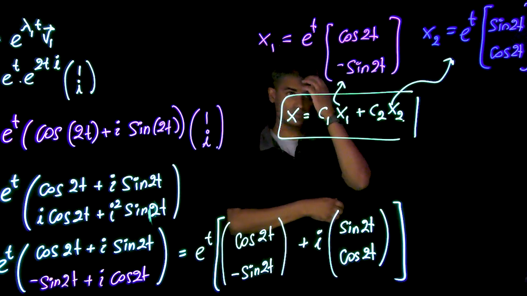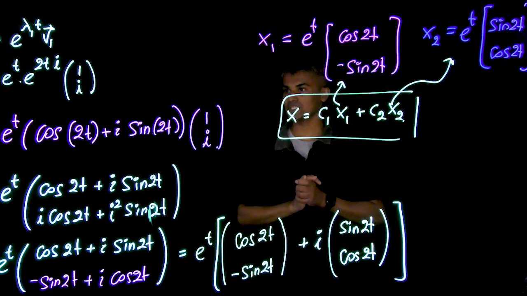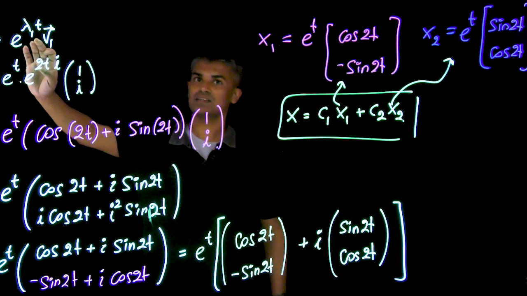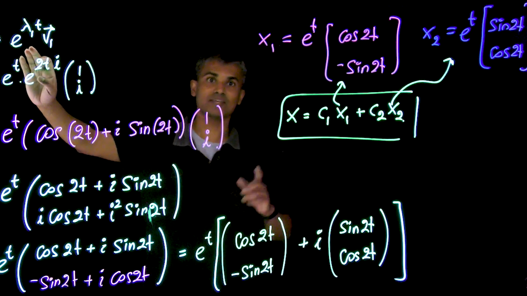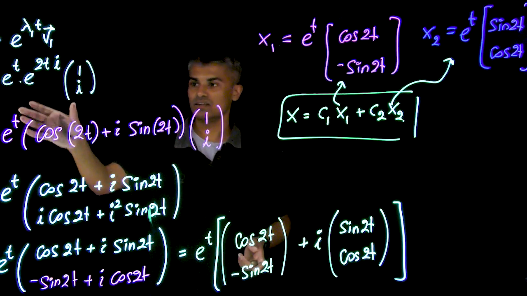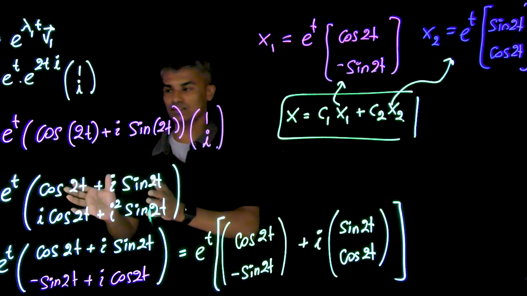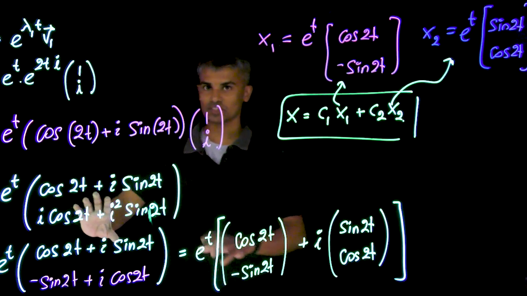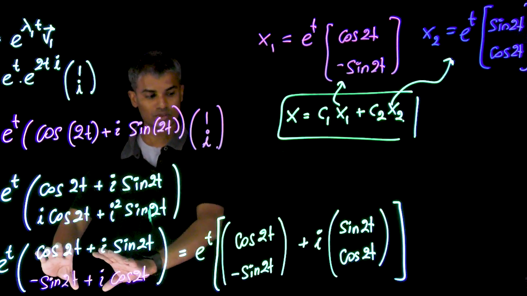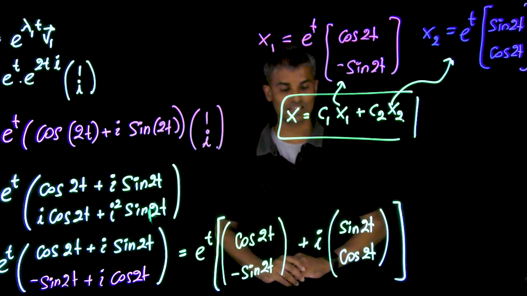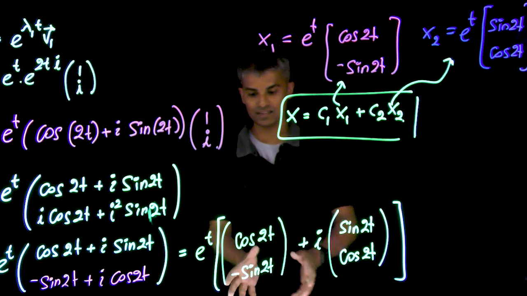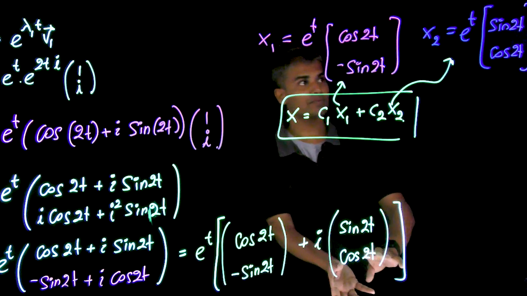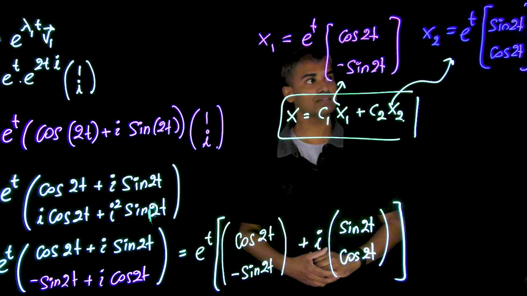Okay. Now what is the key step? The key step is here. Once we figure out one eigenvalue and the corresponding eigenvector, we want to write down this corresponding solution, and then we want to separate the real part of that solution and the imaginary part of that solution. Once we do that, the real part will give you one solution and the imaginary part will give you another solution.